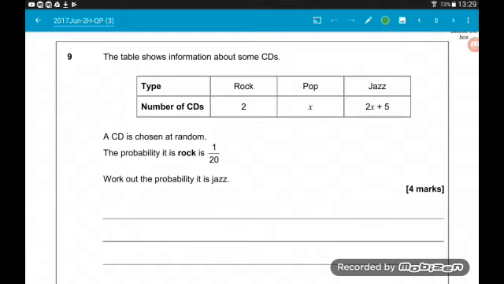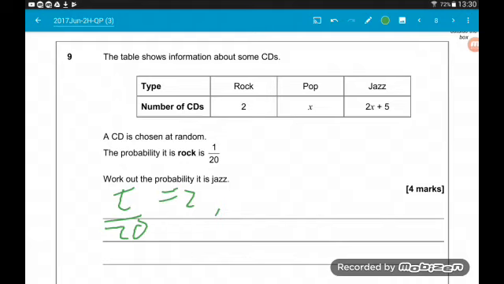Now we're told the probability of picking a rock CD is 1/20. And we want to work out the probability of picking a jazz. So the probability of 1/20 tells us that rock makes up 1/20 of the total number of CDs. So in other words, the total divided by 20 is equal to 2.